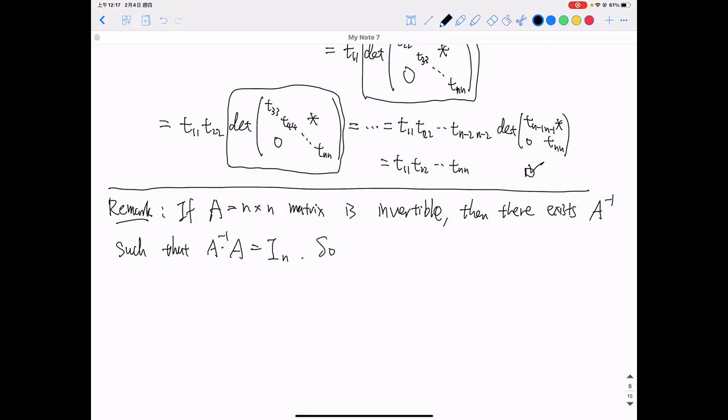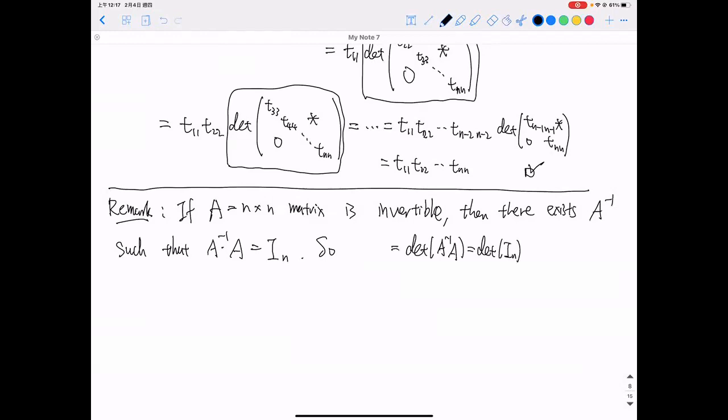So you have the following calculation you can make. The determinant of A inverse A is the determinant of I, the identity.